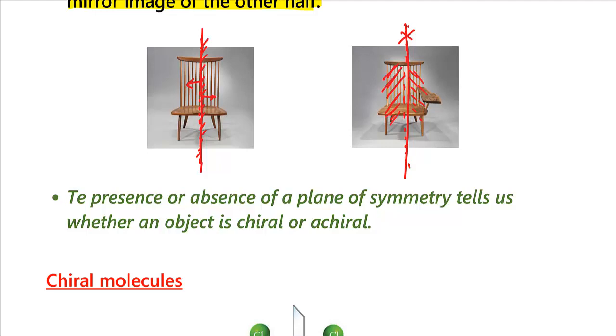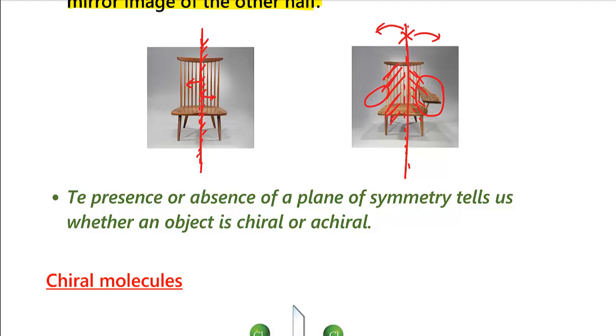A plane of symmetry means the left side of the plane and the right side of the plane have the same thing. But in this case, the left side and the right side don't have the same thing. On the right side I have a handle, but on the left side there is no handle. So that's why this is not a plane of symmetry. It's a plane, but it's not a plane of symmetry. So I can say this object is a chiral object.